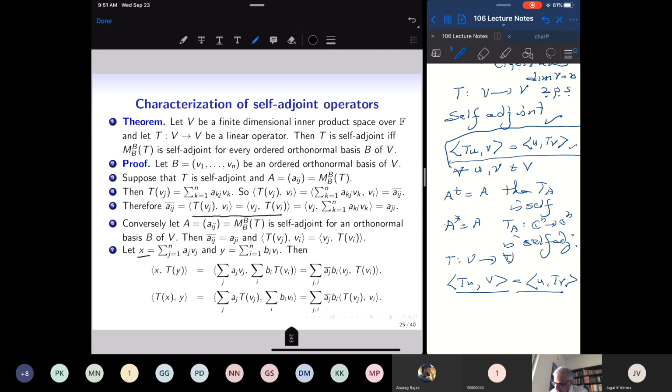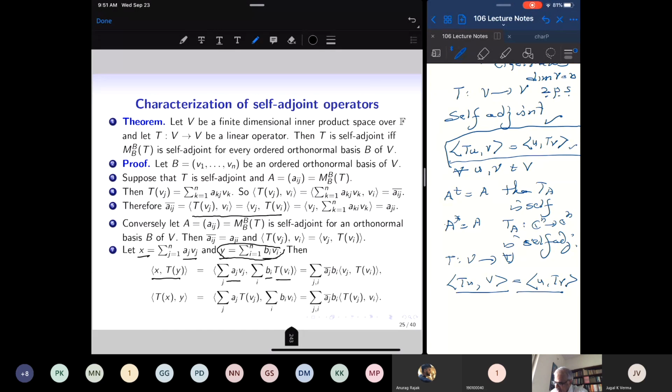So take an arbitrary vector x in V. It is a linear combination of the v_j's with coefficients a_j. Take another vector y, which is a linear combination of the v_i's with coefficients b_i. Now construct the inner product of x with Ty. So x is the summation of a_j v_j, and when I operate T on y, I simply get the summation of b_i Tv_i because T is a linear transformation.